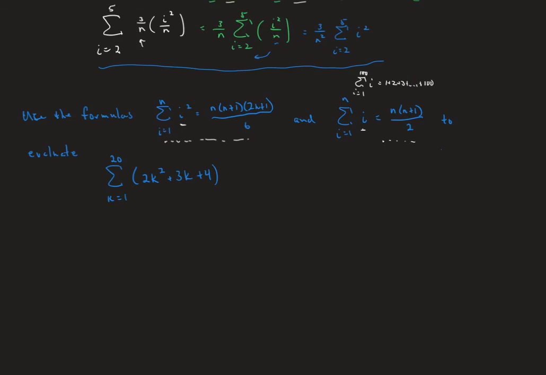So this formula says that we could use the n is 100, so you could say 100 times 100 plus 1 all over 2 is what that sum would be. So you could say that's going to be 50 times 101, and I think that would be, 50 times 100 would be 5,000, plus another 50, that's going to be 5,050.